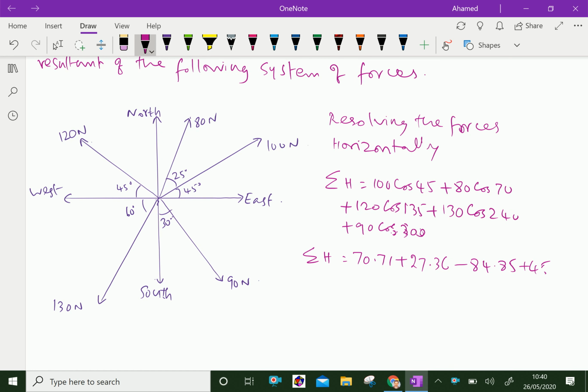Now add them. 70.71 plus 27.36 minus 84.85 plus 45.